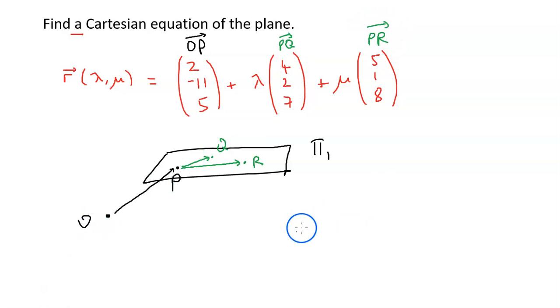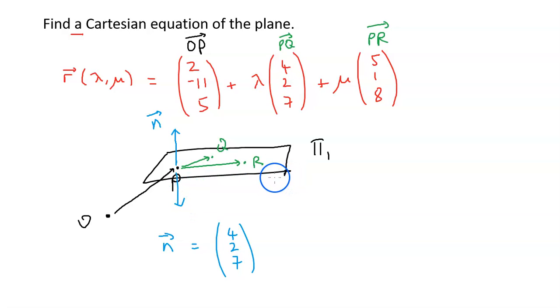So this one here can be PR. Now, in order to find our Cartesian equation of this plane, we need a normal vector n. And the way to do that is to take the cross product of PQ and PR. Actually, if I do PQ cross PR, my normal vector would point down in that direction because of the right hand rule.